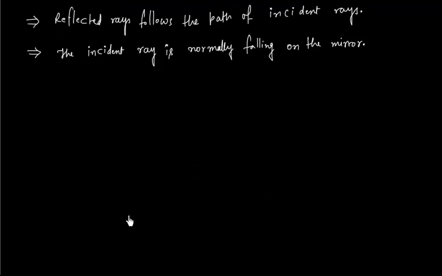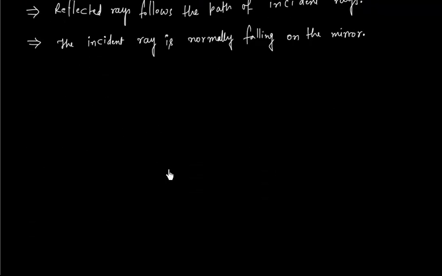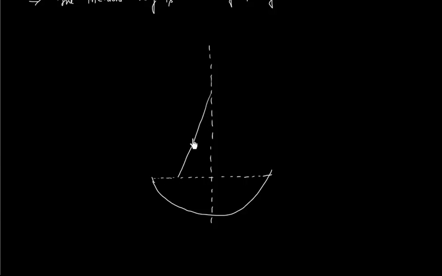If things are not clear, we can show another diagram. So this light is incident. This is falling normally, so that it retraces its path. This is normal on this surface.